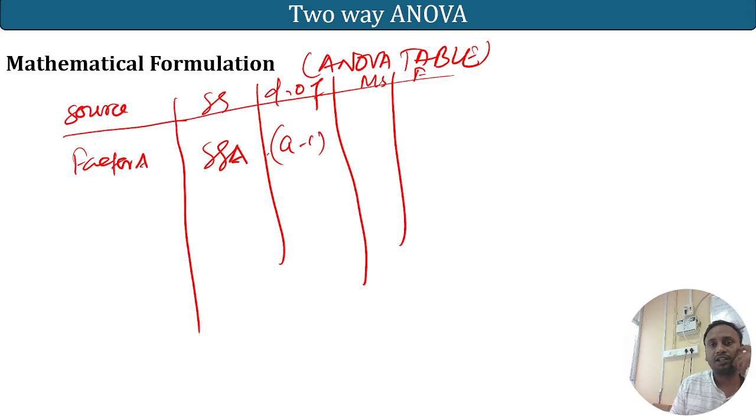Then MS will be SS divided by degrees of freedom.